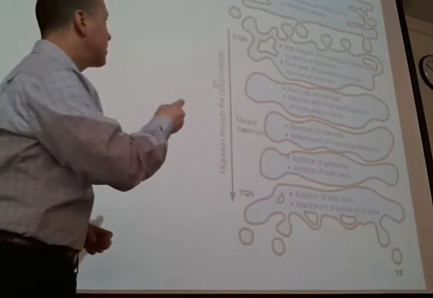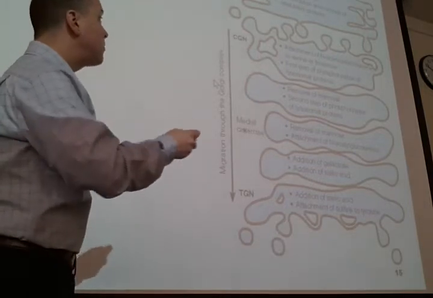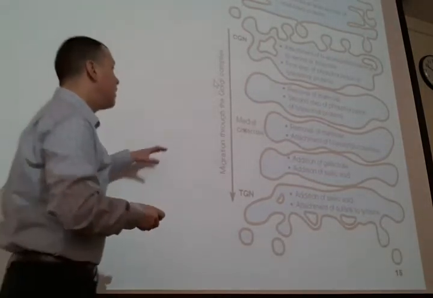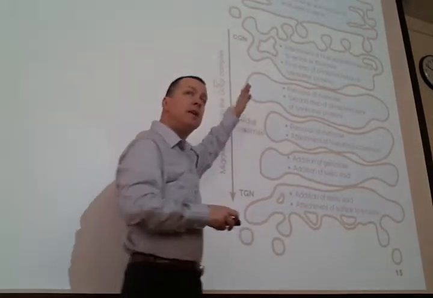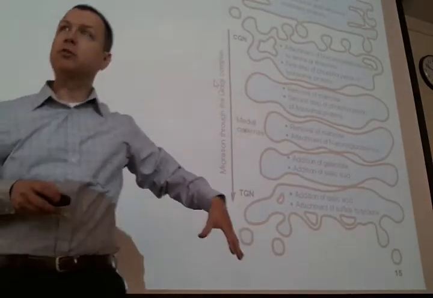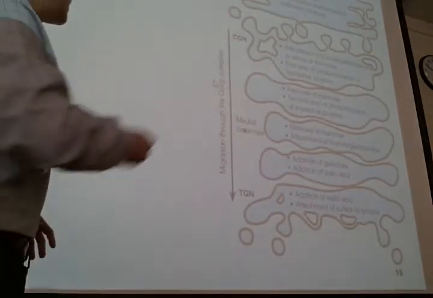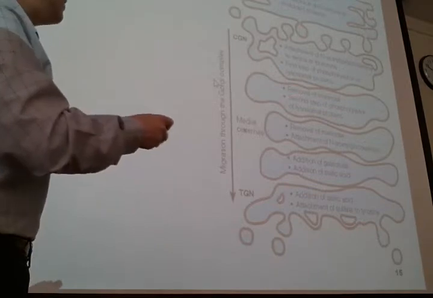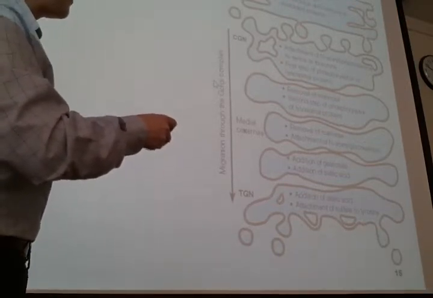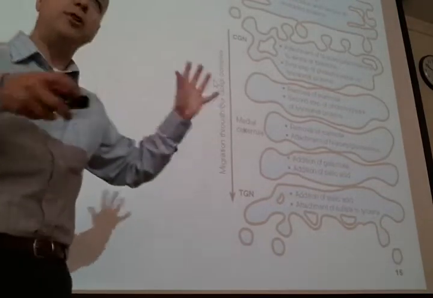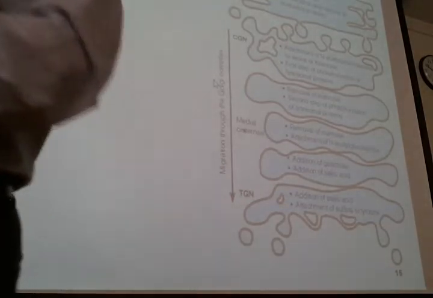Except for when we get to lysosomal enzymes, where we will care a little bit about cis versus trans, we're just going to look at these in general. But we do have a fairly good idea of where different things are happening as a protein travels through this Golgi. But again, for our class here, I'm not going to worry about that. Removal of mannose happens in the third medial cisternae. I'm not going to worry about that. We don't have to worry about it quite at that level of detail.